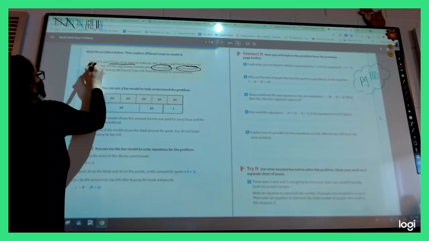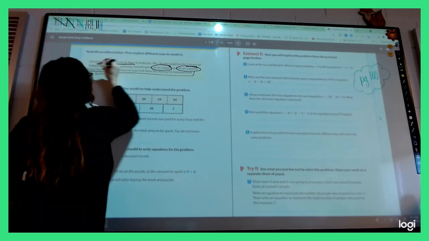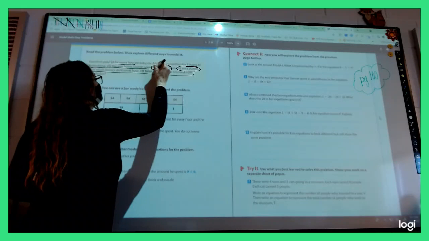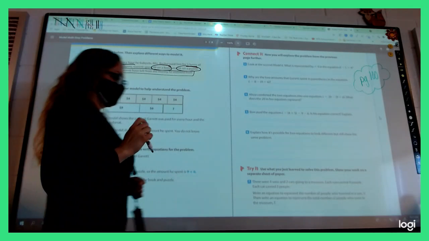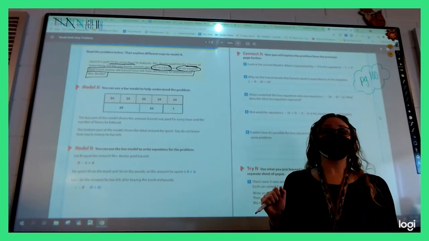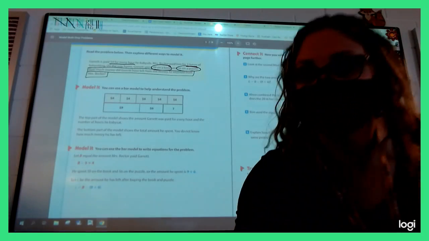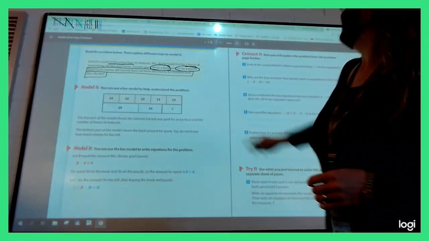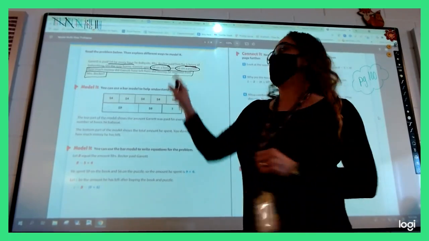And our question is, how much money does Garrett have left from the money he received from Mrs. Becker? So definitely multiple steps. And we could probably do it without writing an equation, but we're practicing equations. Okay, so we've marked up our problem. We know what's important. So if you were going to solve this on your own, that is step one.